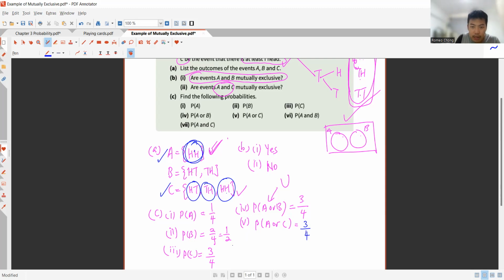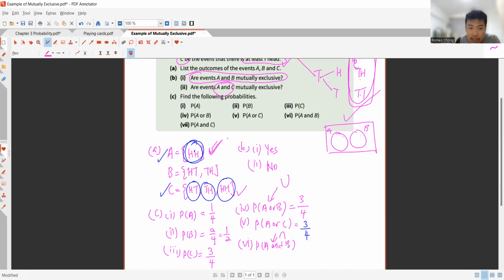Then you have the next one, the probability of A and B. Now this one is and, which means the intersection. You remember from topic 1, when we say intersect, you only find the common element.